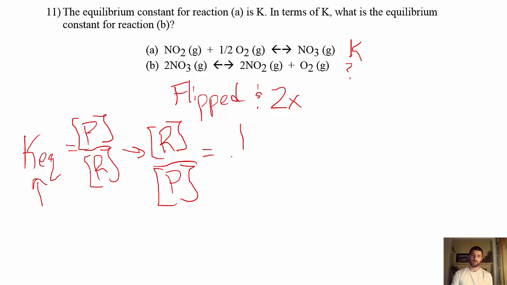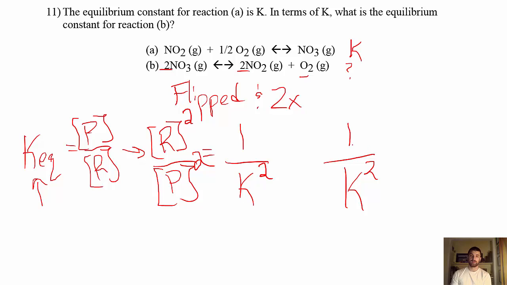Well, that would equal 1 over that K. All right, and if I doubled it, if I change my coefficients, that's going to change the powers as well. So I'm basically squaring this whole thing. So 1 squared is 1. K squared is going to be K squared. So our final answer is going to be 1 over K squared. We flipped it, which is why we got the inverse, and we doubled it, which is why we got that 2 as the coefficient.